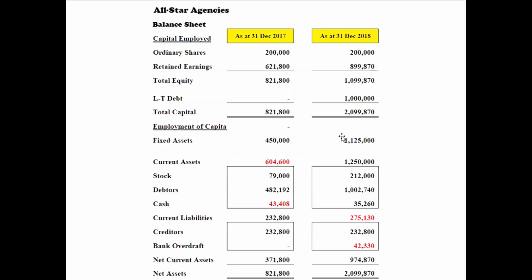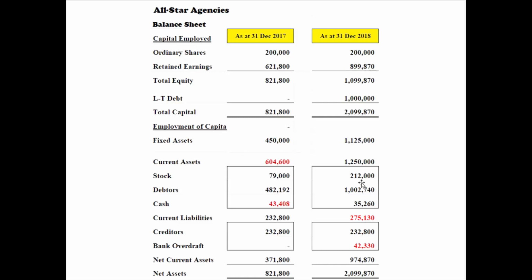And then there's the 1.2 million that must be depreciated by 400,000 to get down to a value of 900,000. So this depreciation number is made up of 900,000 rands worth of manufacturing equipment, and 225,000 rands worth of fleet of vehicles, and add those two together to get the fixed assets.